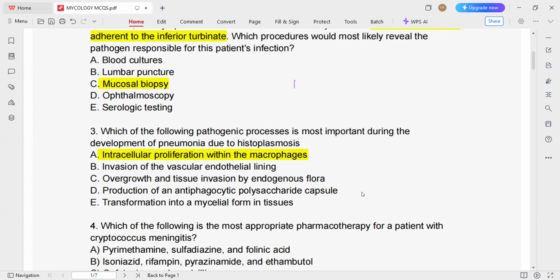Now, transformation into a mycelial form in tissues. So we said in tissues, it's at 37 degrees Celsius. So you expect it to transform into a yeast rather than the mycelial form. So the mycelial form is at the environmental temperature, things like 20 degrees Celsius or room temperature. Understood?